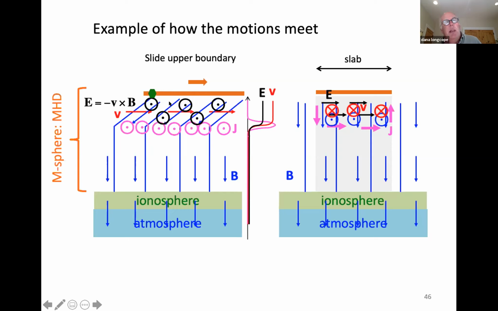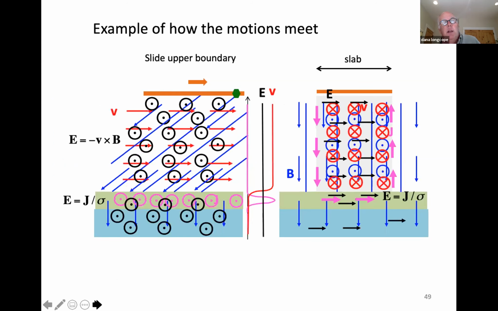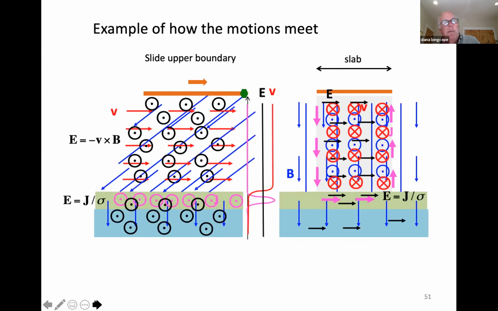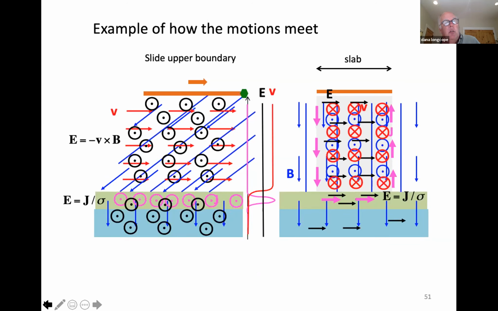What happens then is, if you imagine this happening all at once, you will take the solar wind magnetic field and bend it, because you're trying to move it to the right, and it's attached to field lines that are straight. So you'll get a current. You have an electric field that's minus V cross B, and that's the velocity of the field lines. And as you move down, you eventually get a point where you get a steady state, sort of.